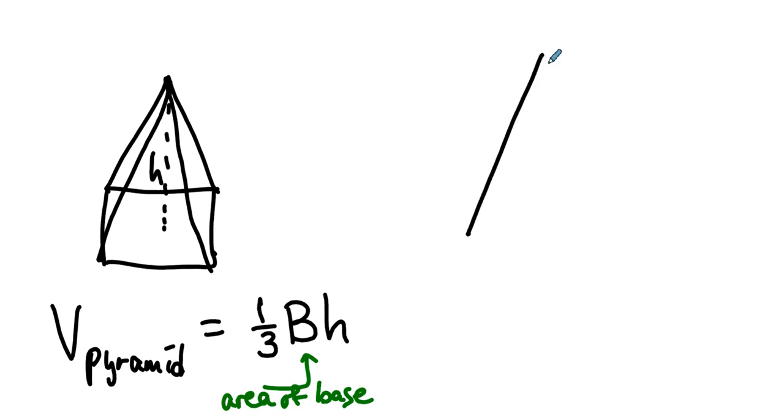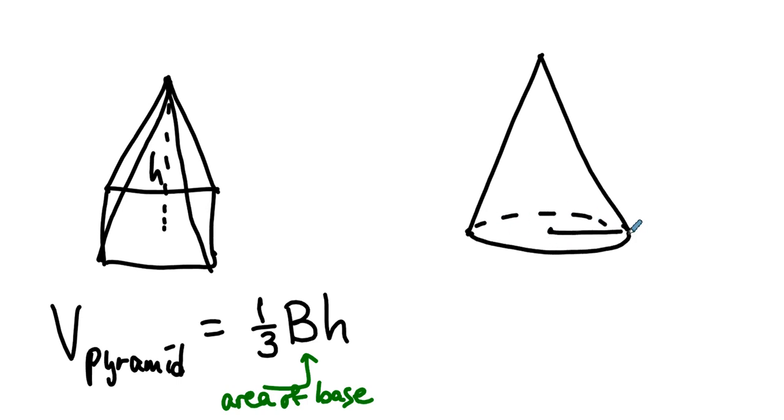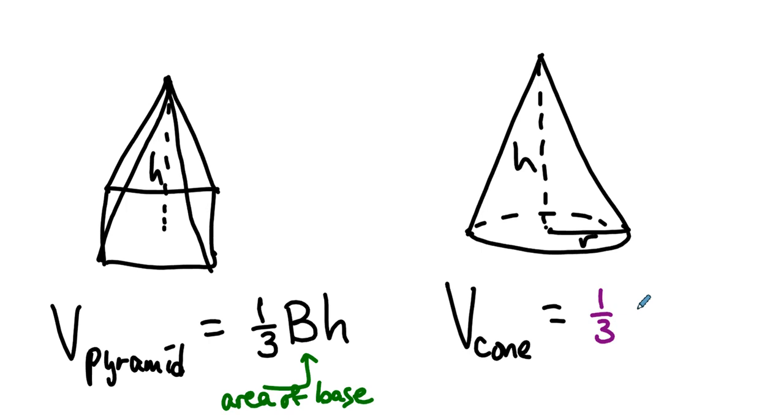That's the same kind of thing that happens over here. We can take a cone and try to find the volume of a cone. It's the same idea. Things that come to a point operate in like manner. So we would expect 1/3 area of the base times the height.